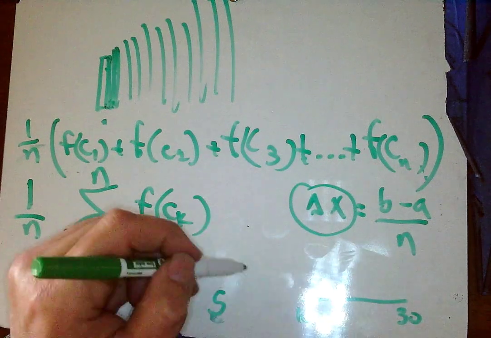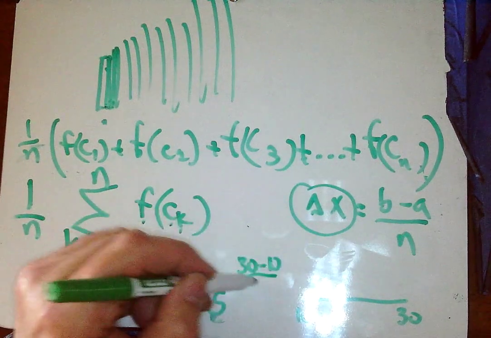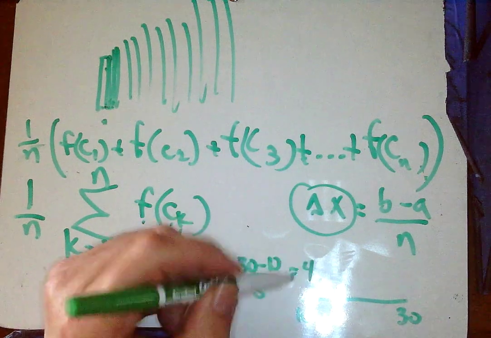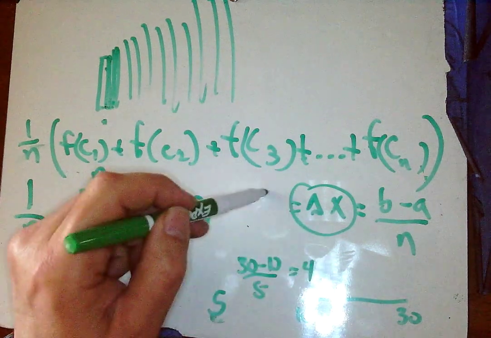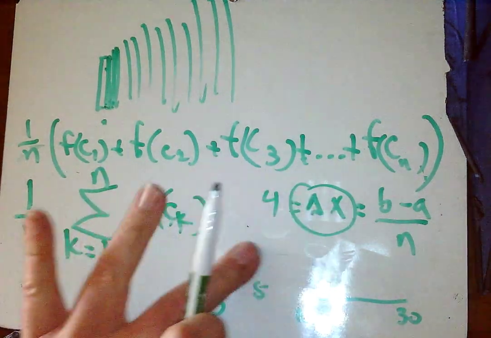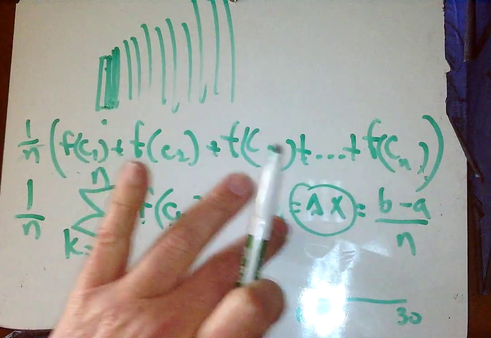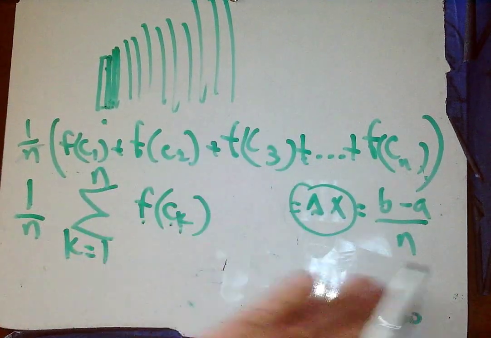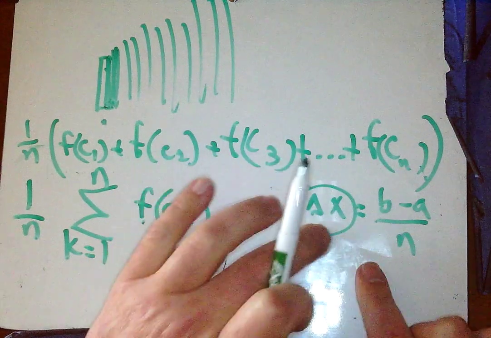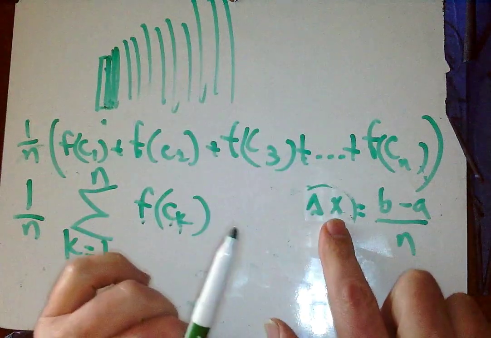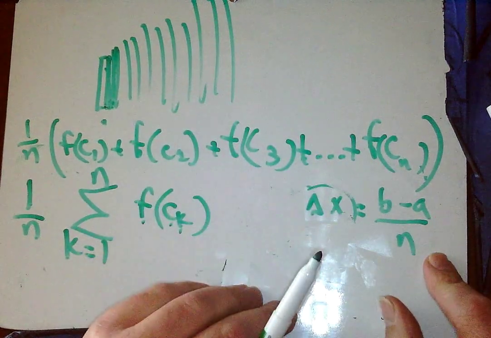Well, we would say 30 minus 10 over 5 is 4. We would say then that 4 is our delta x. 4 is our subinterval width. Okay, so I remember this from when we talked about RAM. Subinterval width is b minus a over n.